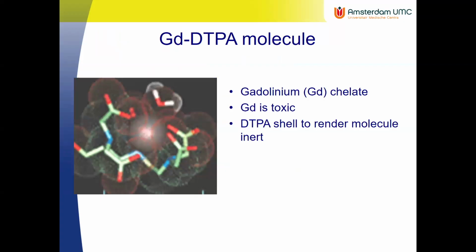But first we look at how the contrast agent is built. The gadolinium is, as I said, toxic. So what the manufacturers of the contrast agent do is they build the gadolinium ion into a larger molecule. They have a shell that renders the gadolinium not to interact with the tissue at all, and that's called gadolinium chelate.